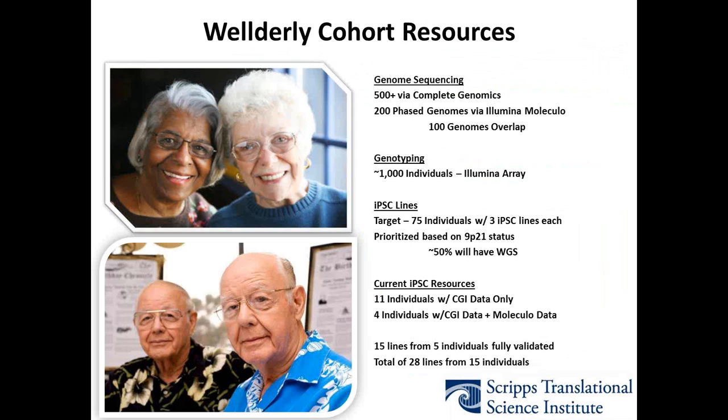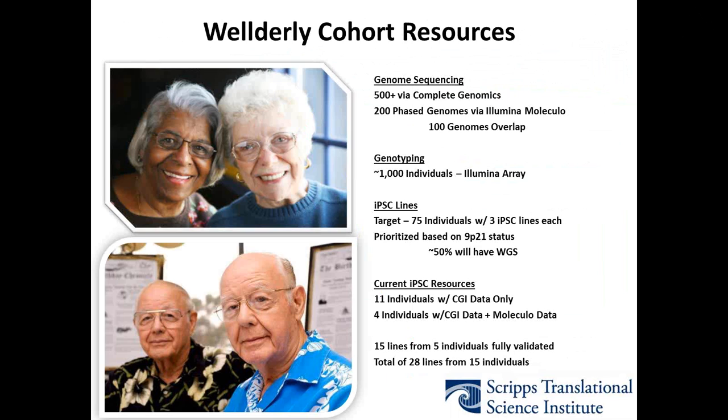The target is 75 individuals from this cohort, with 3 iPSC lines generated per individual. These lines are being generated for another project looking at 9p21 and the molecular mechanism by which 9p21 drives risk for various cardiovascular diseases.